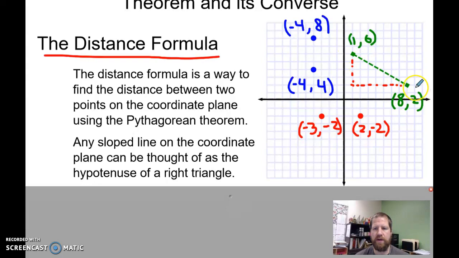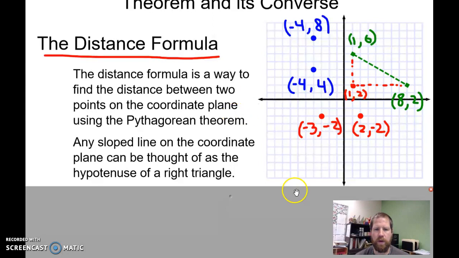Not only do you have your right triangle, but the x or the y value for this point is shared by this point. Okay, so this 2 is also going to be there. And then the x value for this point, the vertical point, is going to be shared by this point. So you actually know the value of this point already.